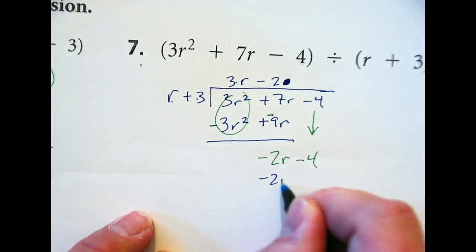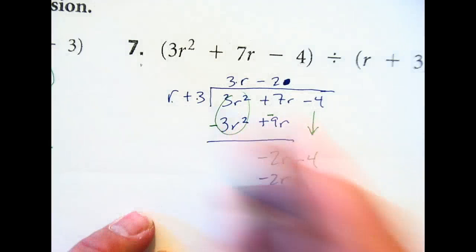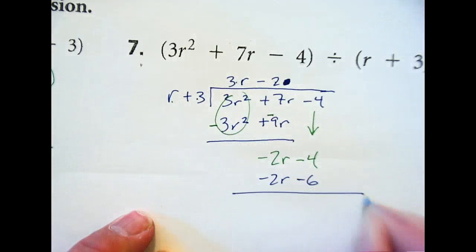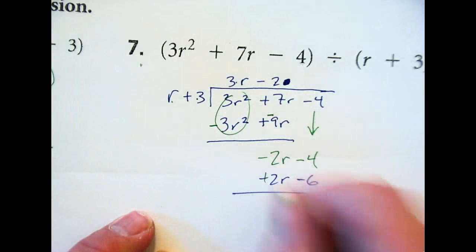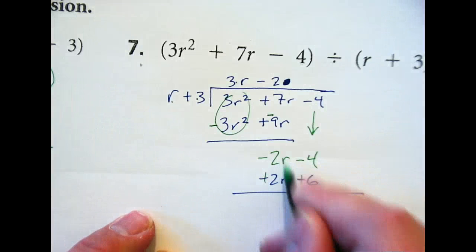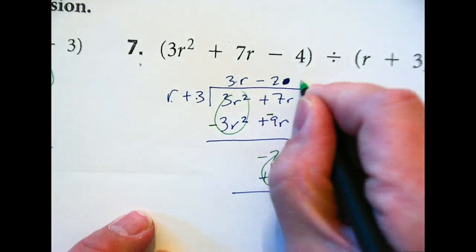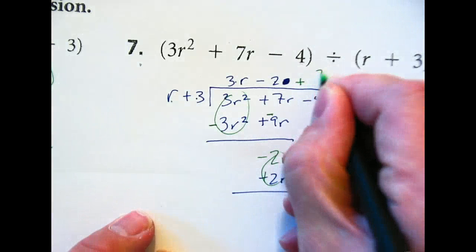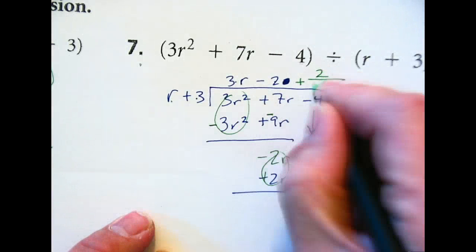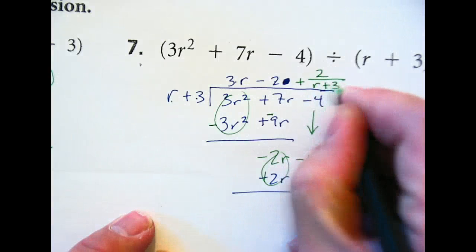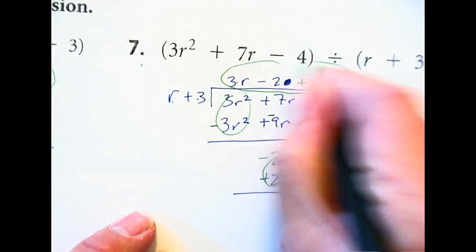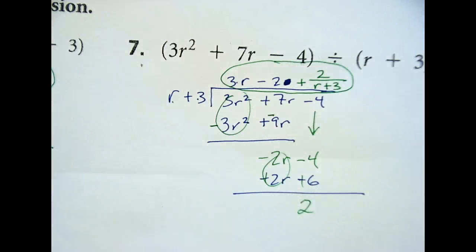Negative 2 times 3 is negative 6. We subtract, meaning we flip the signs. That gives us 0 and 2. It's a positive 2 as a remainder, which we put over our divisor. Any questions?